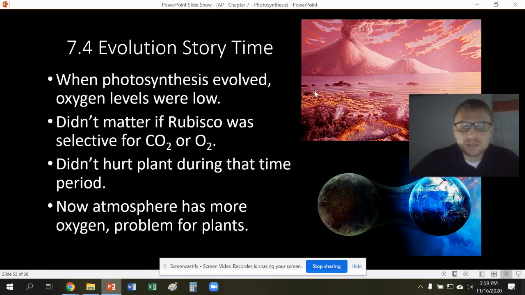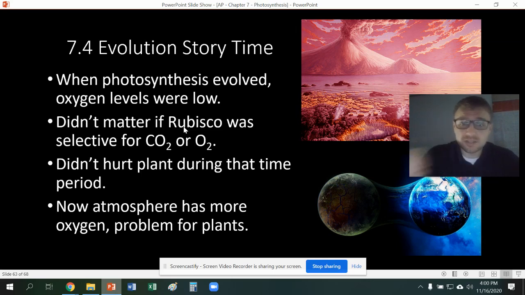Now, you might ask, rubisco is an enzyme, so why can it have two different substrates? Well, it's one of those enzymes that does have multiple substrates. Very rarely do those occur, but oddly enough, when photosynthesis was starting to evolve, oxygen levels were very low. So initially, rubisco didn't have to be selective for either CO2 or oxygen because there was almost no oxygen in the atmosphere.